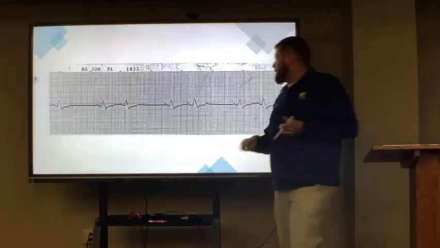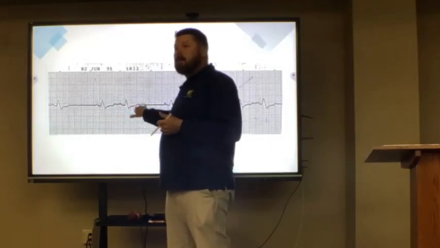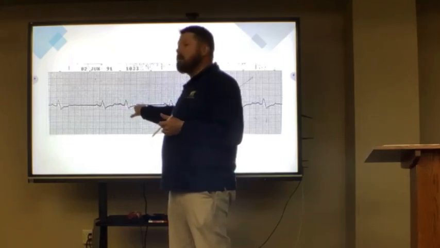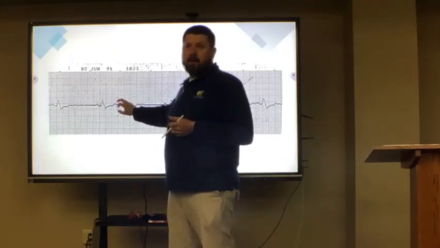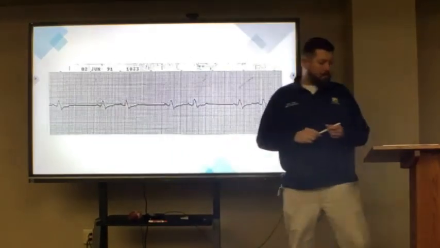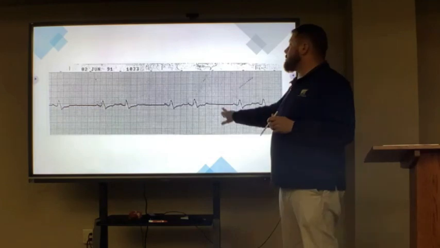And in all honesty, your P waves are not regular because you've got a disruption in the peak to peak, and your R waves are not regular because you've got a disruption in your R to R. Okay? You said that's a dysrhythmia or arrest? No, this is arrest. Okay.